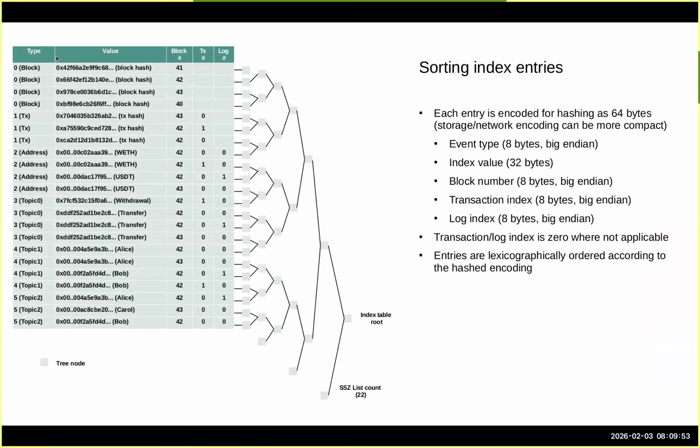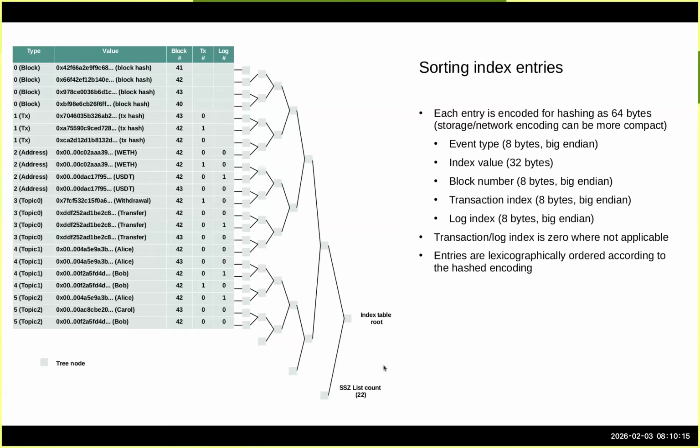Here I also reorder the columns so that they represent the sorting order. It's sorted by event type first, then by value, then by block number, and so on by position. The whole thing is tree hashed.